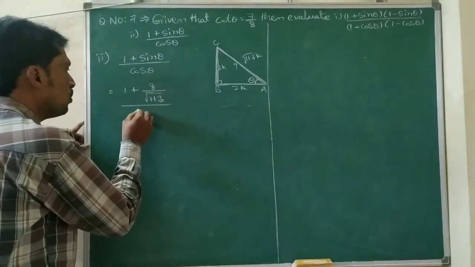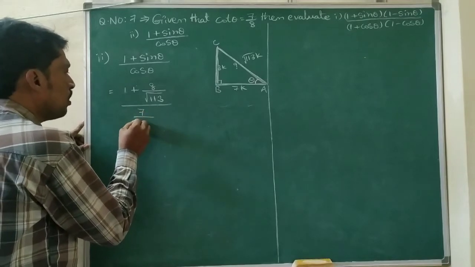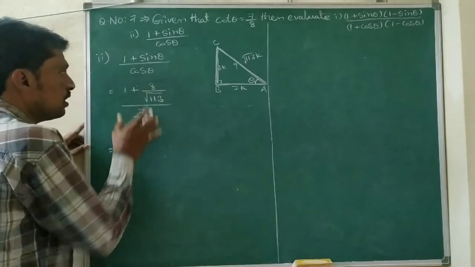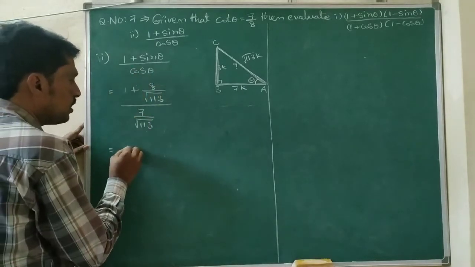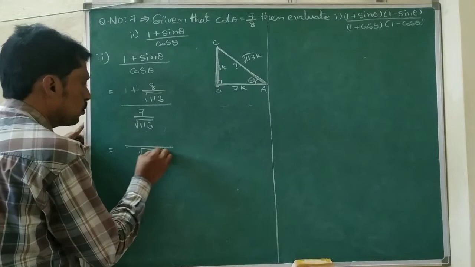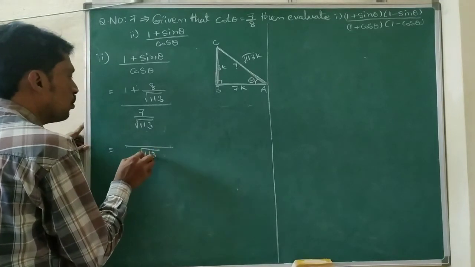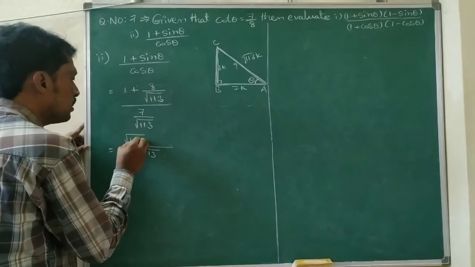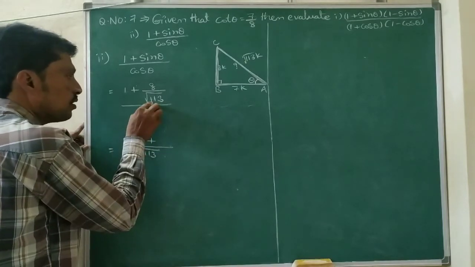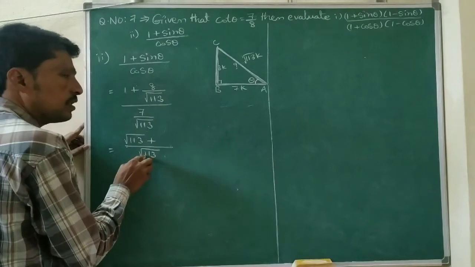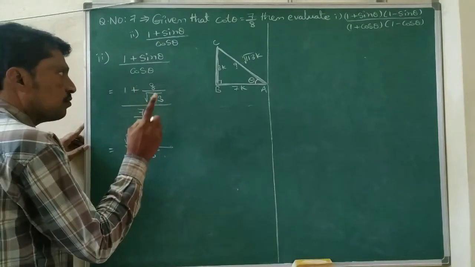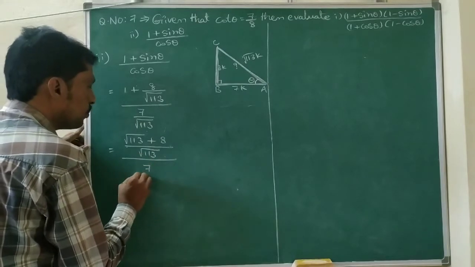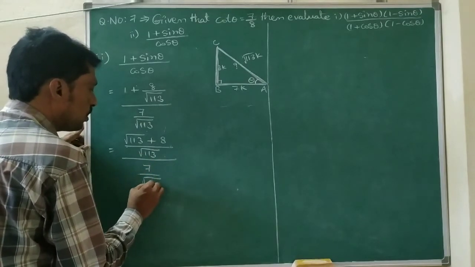Cos theta value we got, 7 by under root 113. Now here, this numerator only you can take the LCM. LCM we are getting under root 113. So under root 113 into 1, root 113 plus 8, whole by 7 by under root 113.